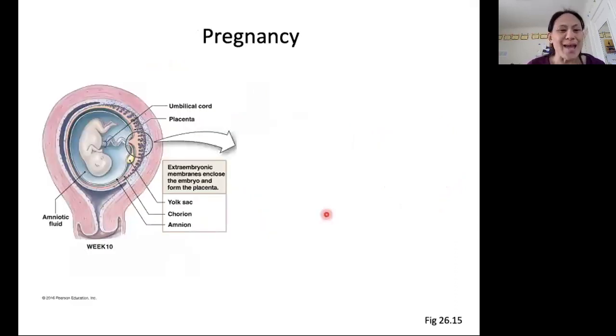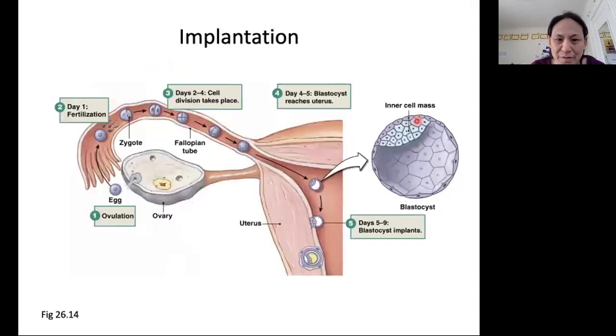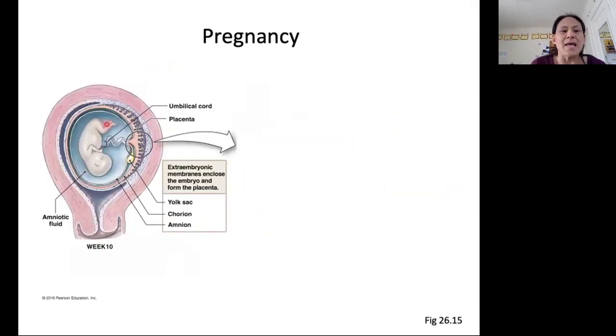Now let's take a look at what happens from there. So after the blastocyst implants, the cell mass that was in the blastocyst, so this part of the blastocyst, is going to become the embryo and some of the surrounding membranes. Okay, so we end up with an embryo that's surrounded by some membranes.